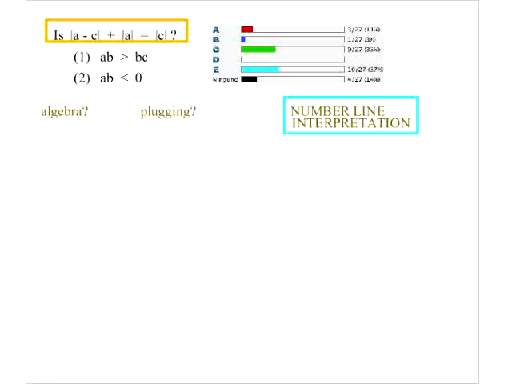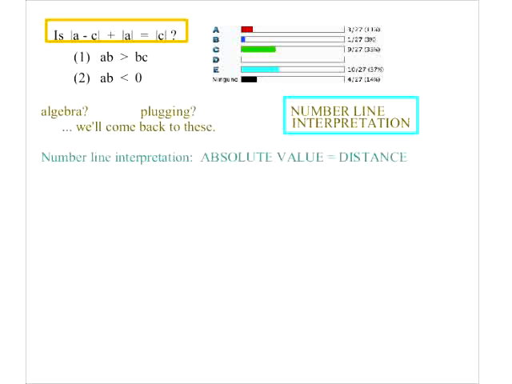Number line interpretation. What does absolute value mean on a number line? Text box if you know. It means distance. So number line interpretation means absolute value is distance. There's two different kinds of distance that you can get out of absolute values.